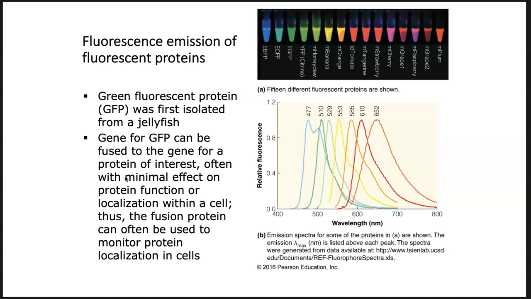And so wherever that protein goes within a cell, you can tell because that portion of the cell will light up green. So this is often used in studies to monitor protein localization in cells. If you look at your cell biology textbooks, those images with really nicely, brightly colored fluorescent images, they all use this sort of tagging technology.